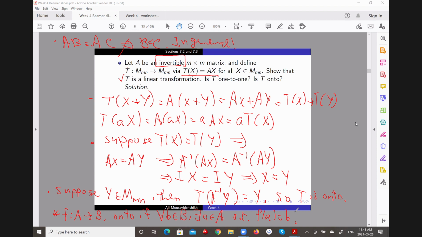That's what onto means. So here I say, okay, pick a point in the codomain. I'm calling it Y. I'm showing you there is an input going to it. Okay, I see what you mean. Okay, thank you.